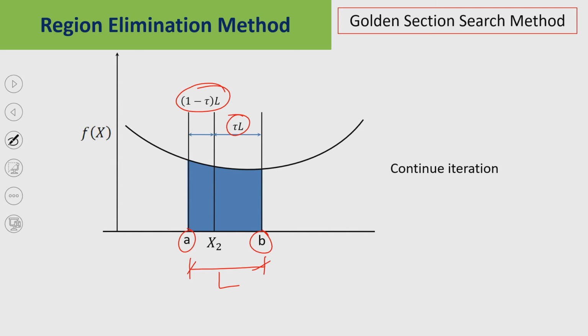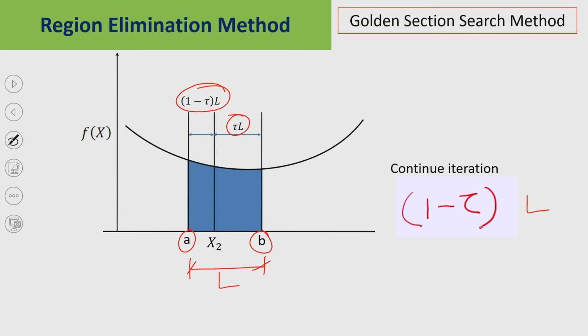We can continue this iteration and you can see that in every iteration we are eliminating 1 minus tau into L region. How many function evaluations are you doing here? At the first iteration I am doing 2 function evaluations, at x 1 and x 2.